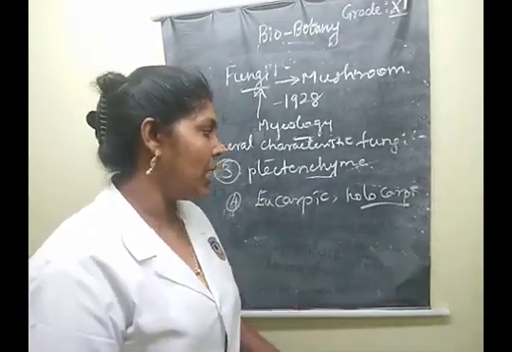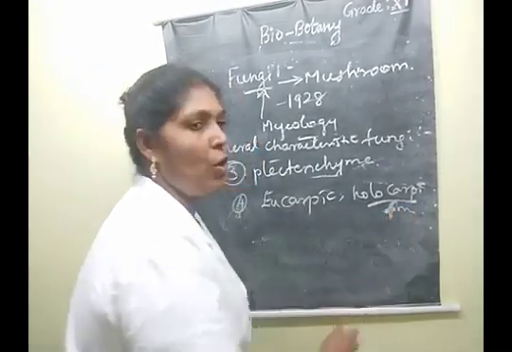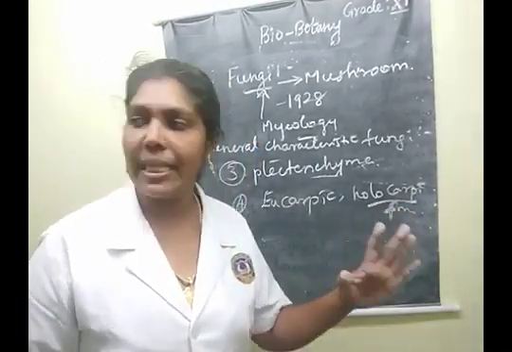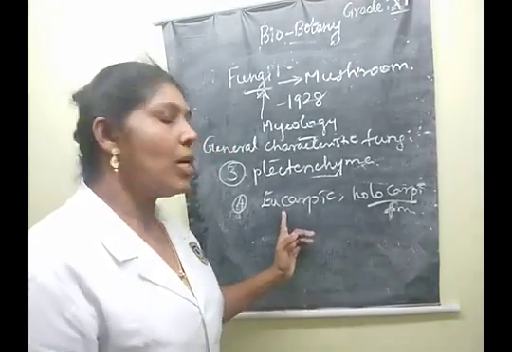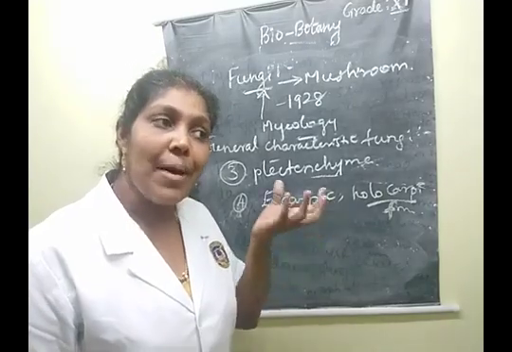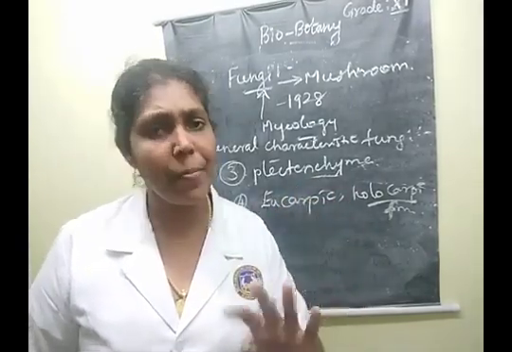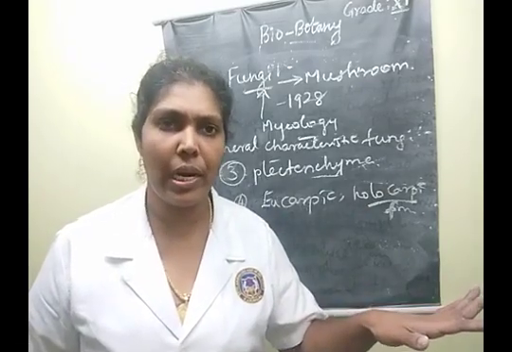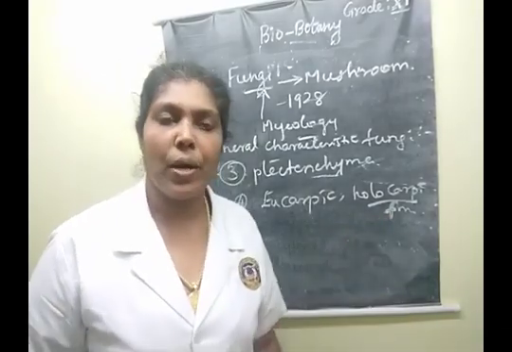So the entire thallus changes into reproductive structures. Clear? Then eucarpic form means some regions of the thallus change into reproductive structures, while the rest remains vegetative. Clear, children? These are the two terms, eucarpic and holocarpic form.